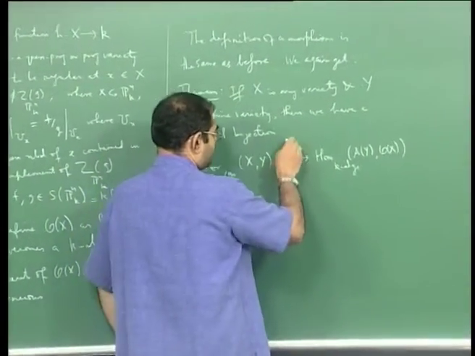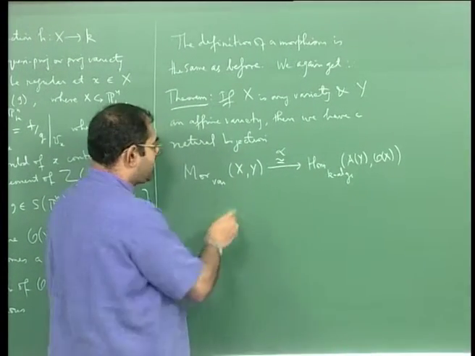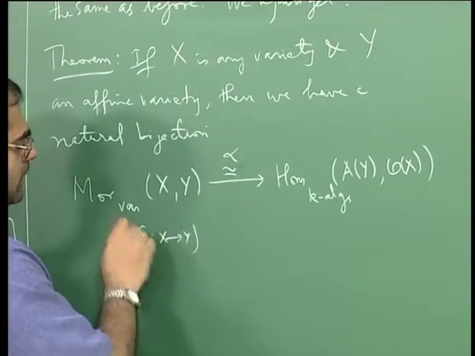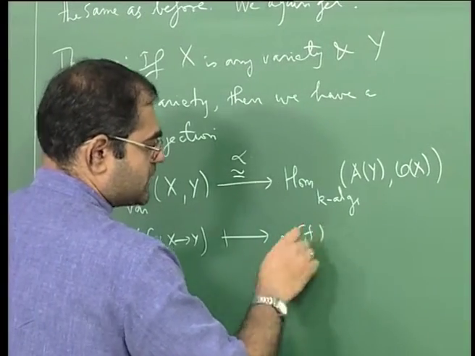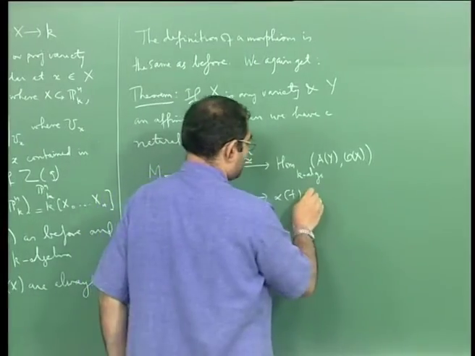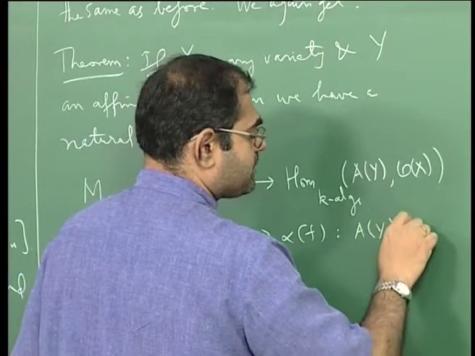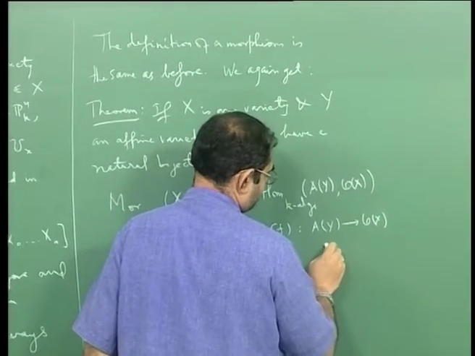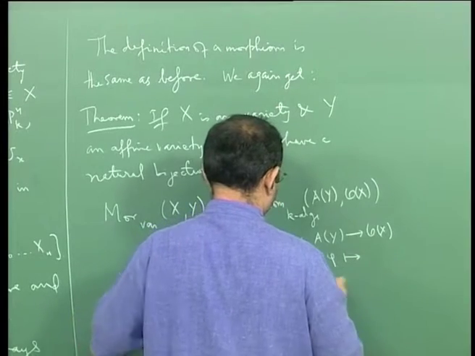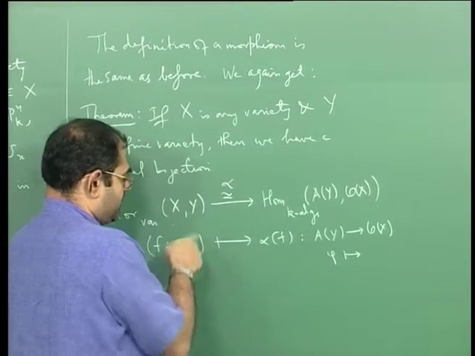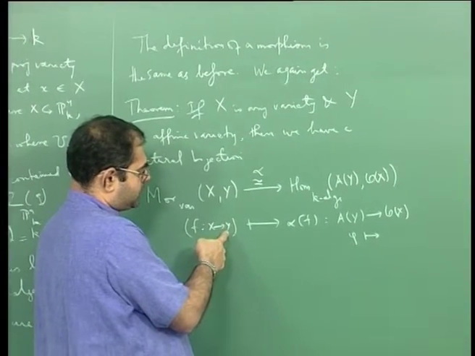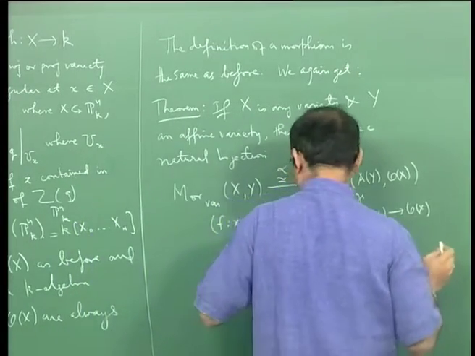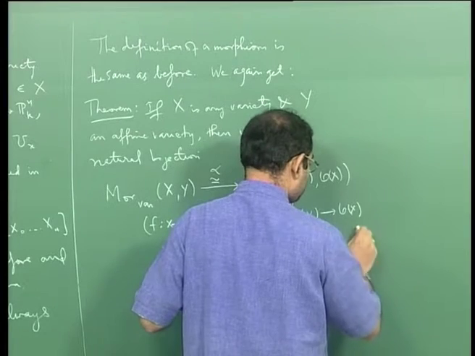If you remember, I called this map alpha. What was this map? If you give me a morphism f from X to Y, then it goes to alpha f, which is just the pullback of regular functions. It is a map from AY to OX, which pulls back a regular function phi on Y: if you compose it with f, you get a regular function on X. So first apply f, then apply phi.